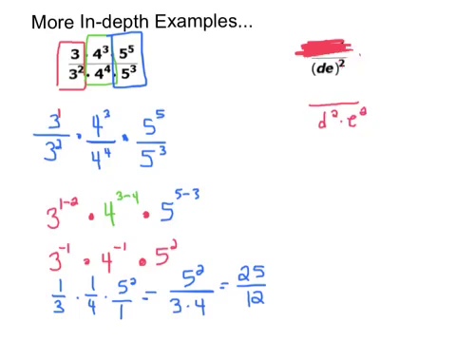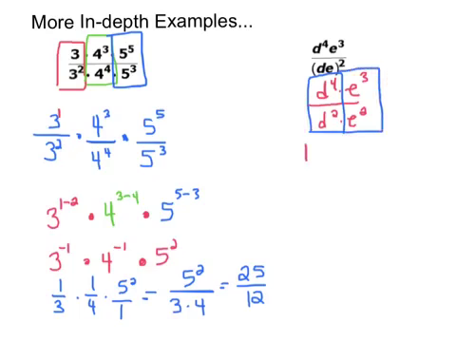Now if we go back to our original numerator, we can just rewrite this because nothing changed. So d to the fourth power times e to the third power. And I can do exactly what I did on the other example and split this into two different problems. So my first problem is simply d to the fourth power over d to the second power. And then I can multiply that by e to the third power over e to the second power.